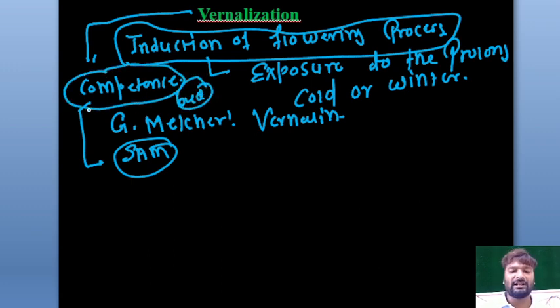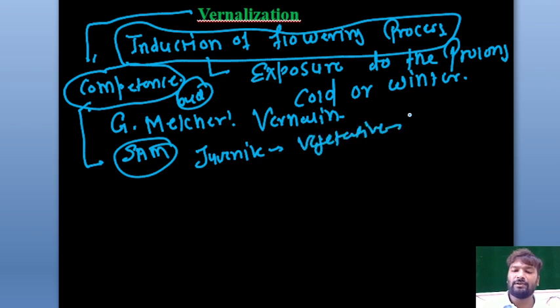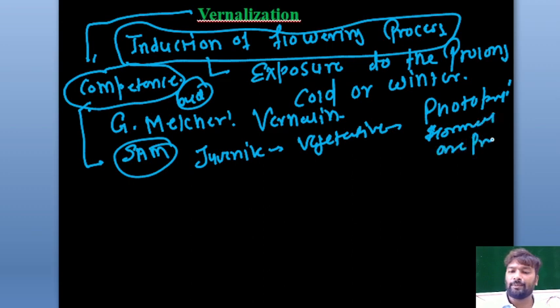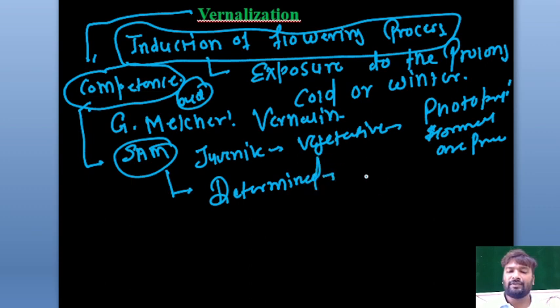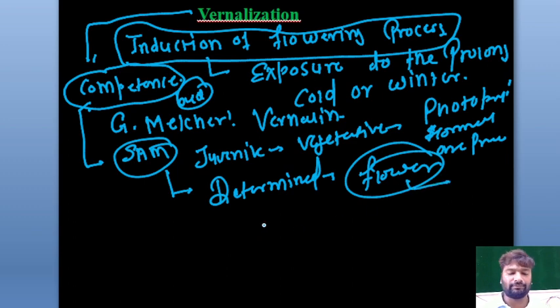So word which are ready to convert from the juvenile phase to the vegetative if proper photoperiods and hormones are provided. Then this phase is converted into a determined word which goes in the future to flower production.